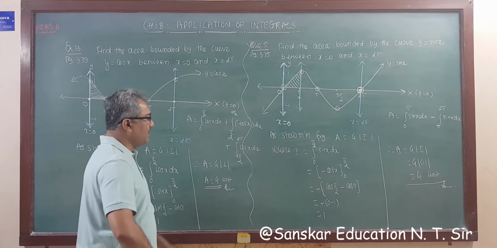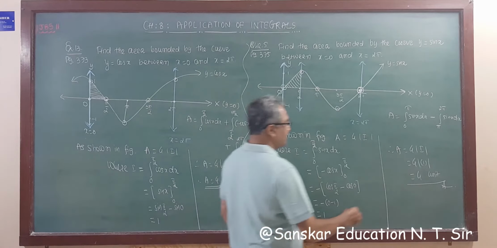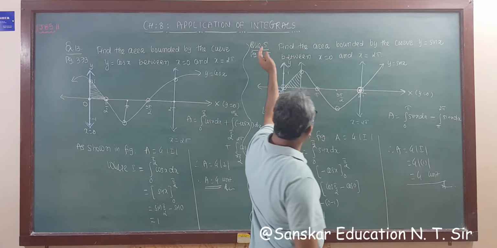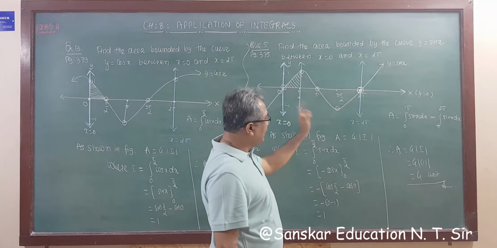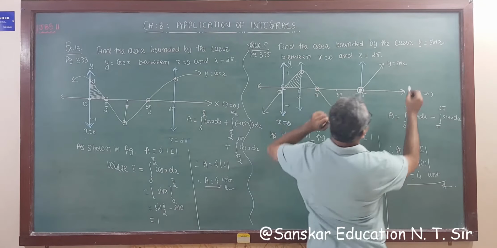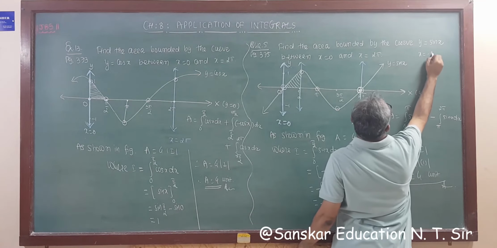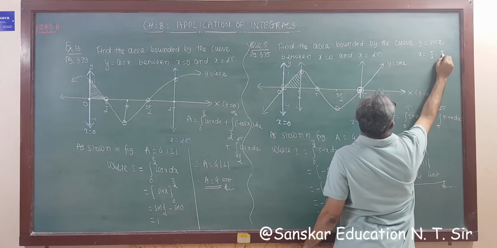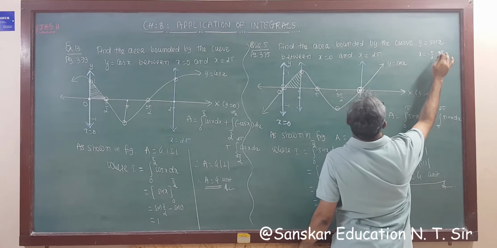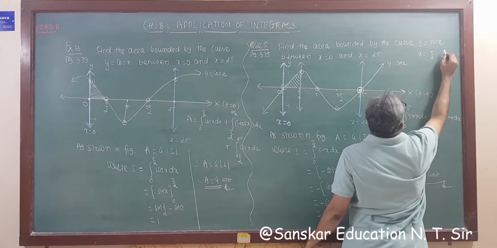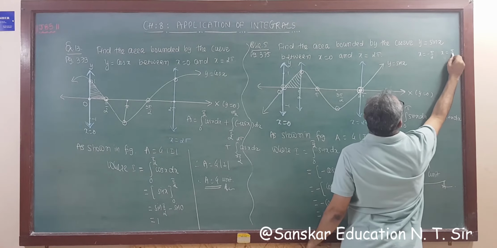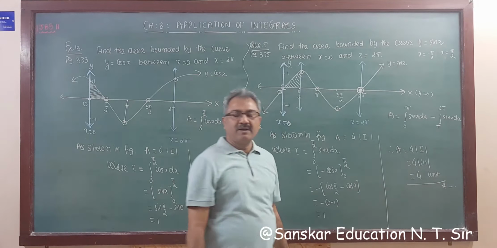Suppose you are given a function, for sine, I am writing this for sine only, I am only changing the limit. Suppose the limit given is x is equal to minus pi by 2 to x is equal to plus pi by 2. That is the limit given, right?